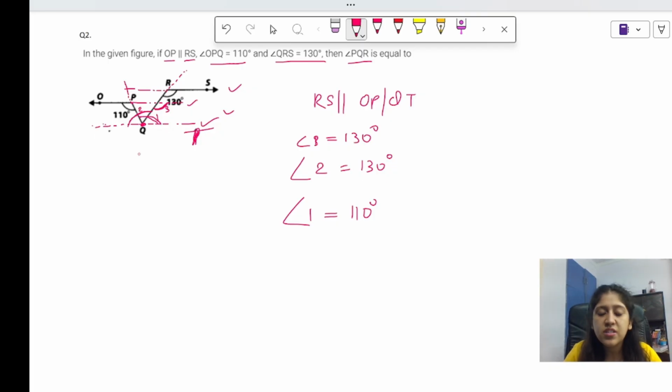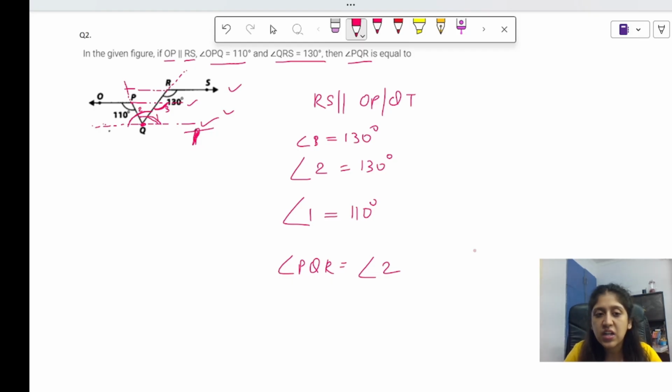Okay. So I have got angle 1 and I have got angle 2. Now, what is PQR angle? Can we see PQR? Yes. What is PQR angle? Is it angle 2? Okay, it is made of angle 2. So angle 2 is this angle, and angle 1 is this angle.